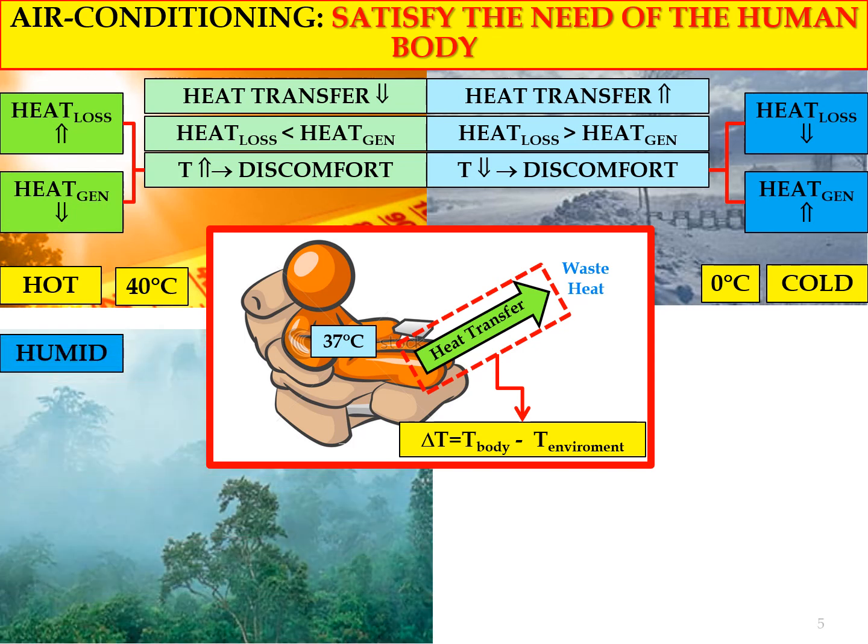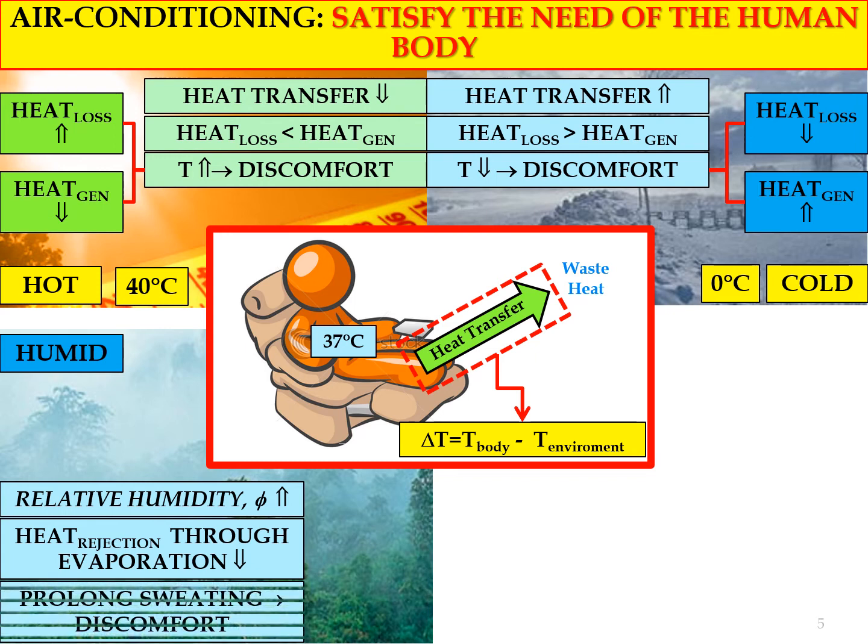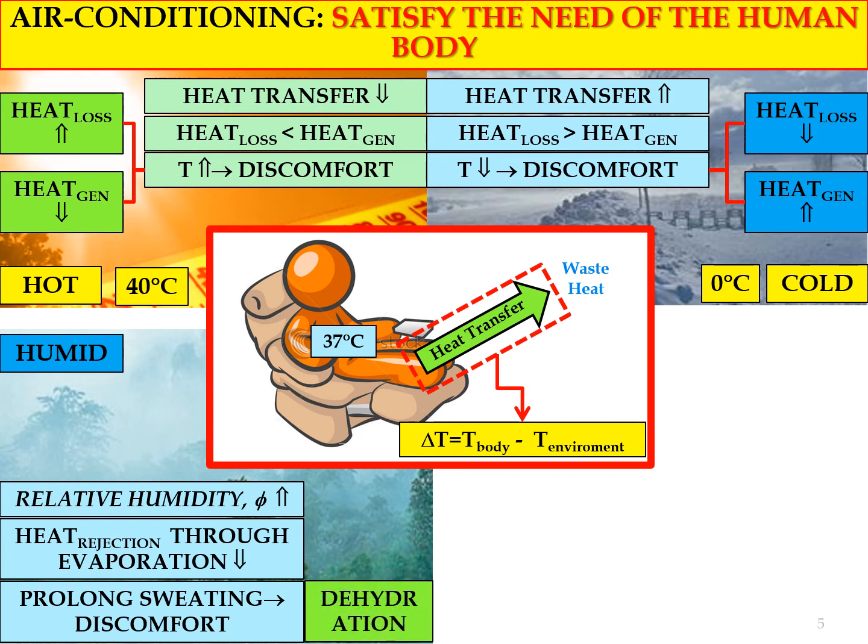And for the case of the humid place where relative humidity is extremely high, the heat rejection through evaporation is low because the humidity is already saturated or almost saturated in the environment. If this human stays in this environment too long, the human will be sweating, prolonged sweating, and also feel discomfort, and the guy will be easily dehydrated.